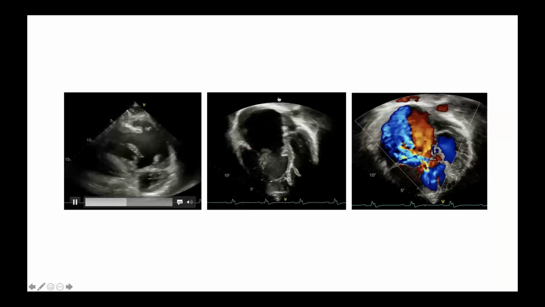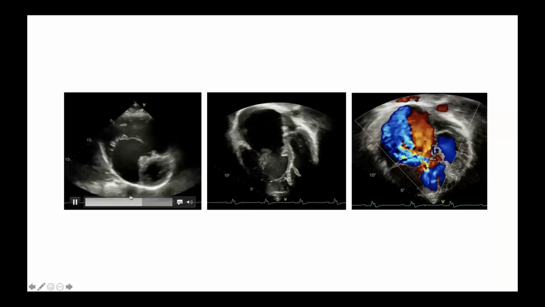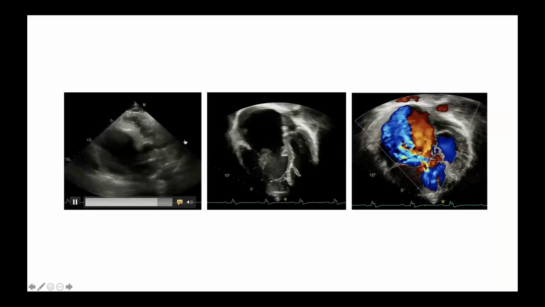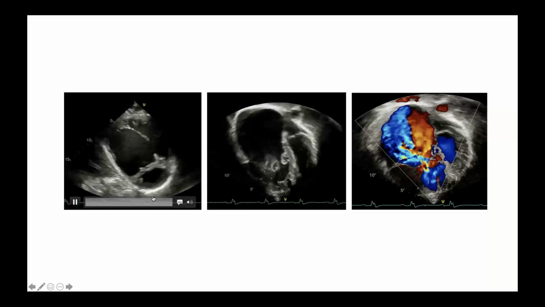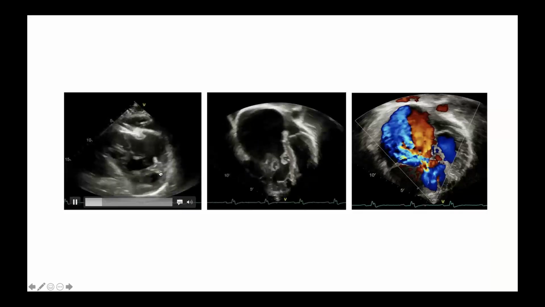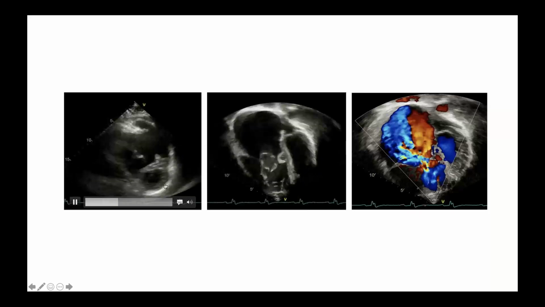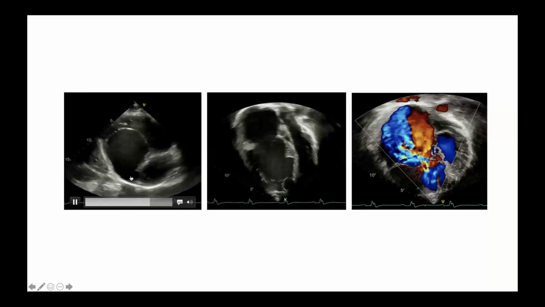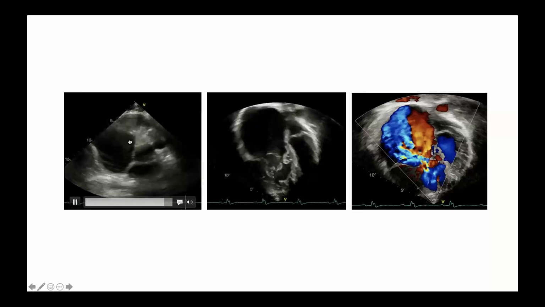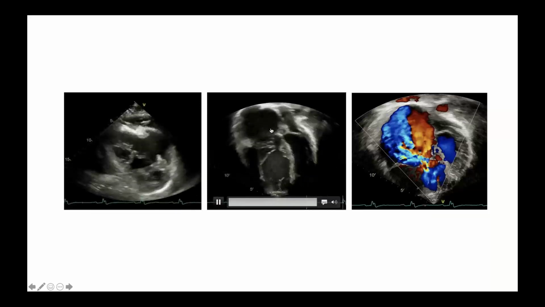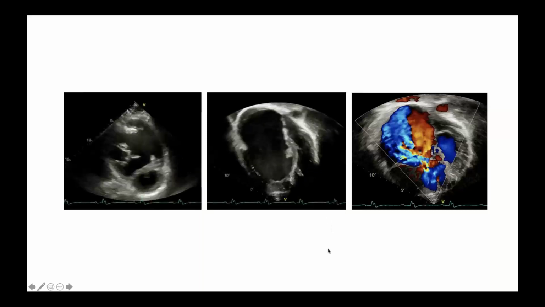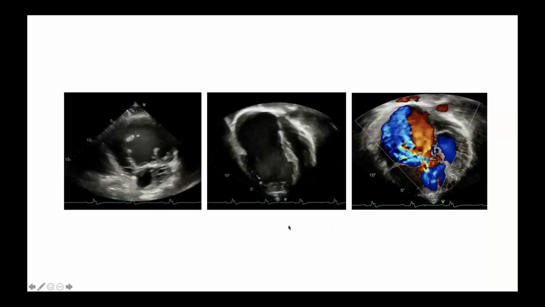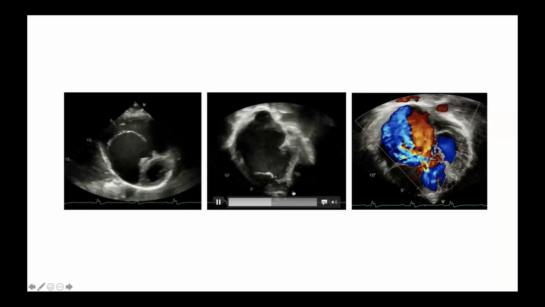So on the left side of the screen here, you see the parasternal short axis view, just around the level of the AV valve. So this little thing here is the left ventricle in short axis, and all this is the right heart. So this is the tricuspid valve. In the middle panel here, you see the apical four-chamber view with the apex down.